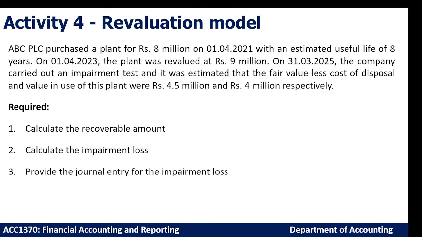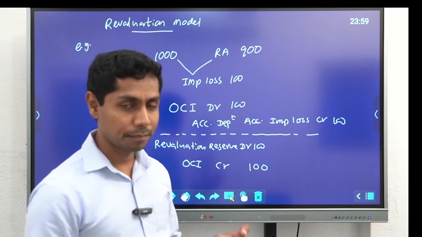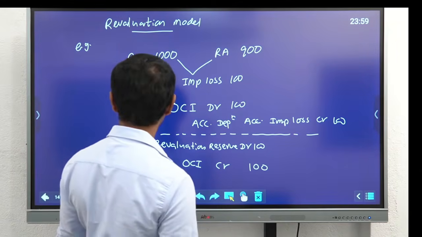On 31st March 2025, after another 2 years, the company carried out an impairment test and it was estimated that the fair value less cost of disposal and the value in use of this asset were 4.5 million and 4 million respectively. Calculate the recoverable amount, impairment loss and the journal entries. Okay, so this is a combination of LKAS 16 and LKAS 36, right? So in this question, these two applications have been combined.